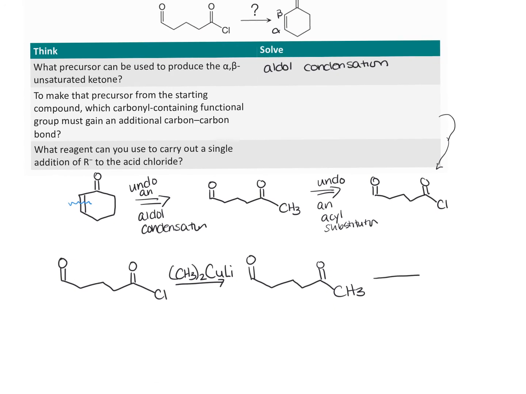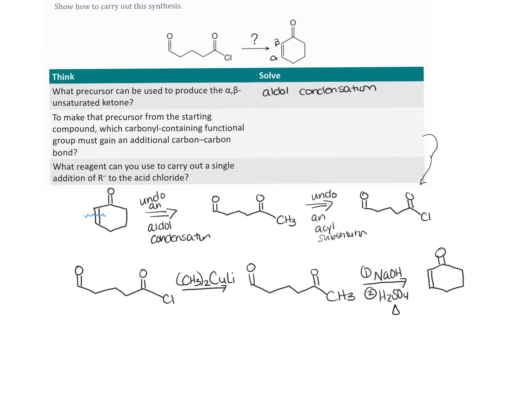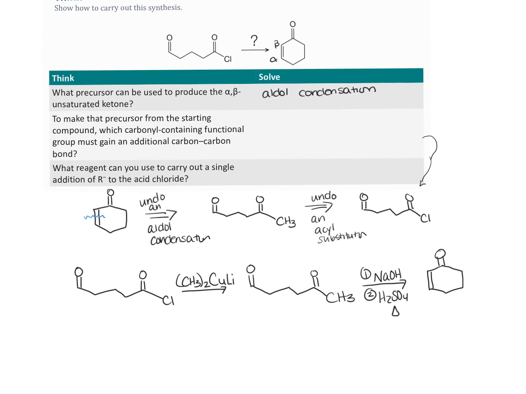And then for an aldol, remember, we use sodium hydroxide and H2SO4 and heat. And that is how we end up with our alpha beta unsaturated ketone, just like that.